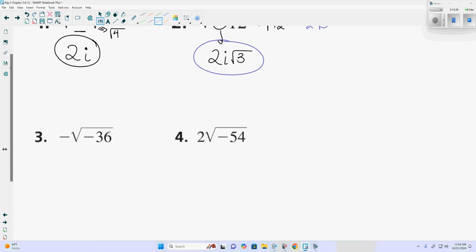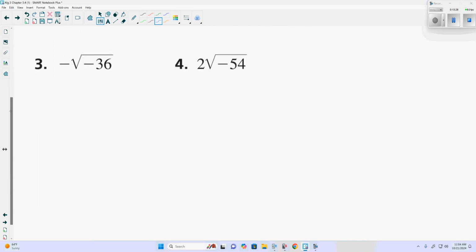We ready for the next one? Negative square root of negative 36. Well, the negative is going to come out as I. The negative comes out of the radical as I. Leaving us with what part of our radical? The square root of 36.